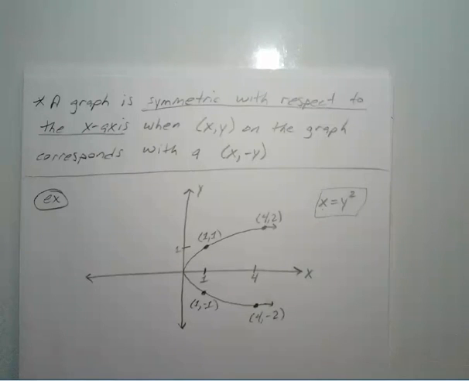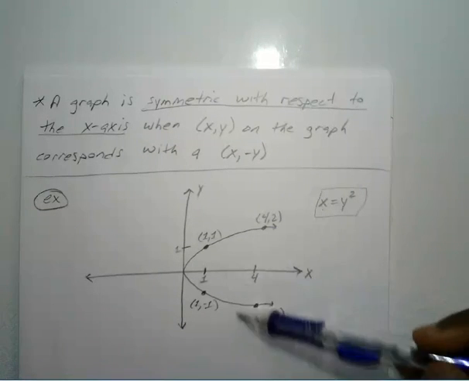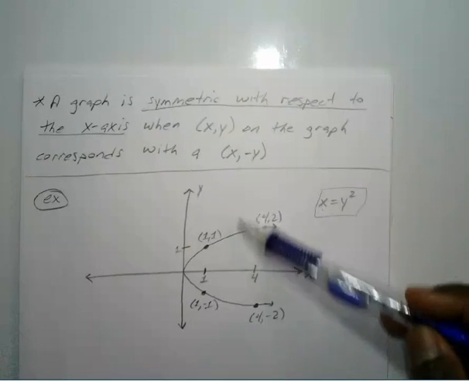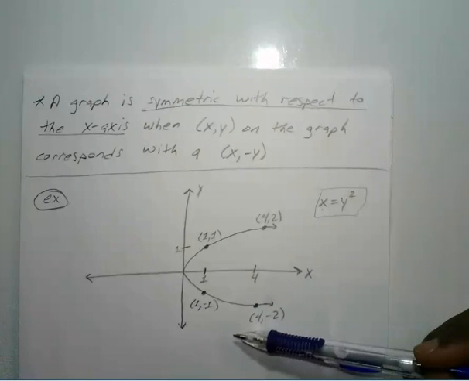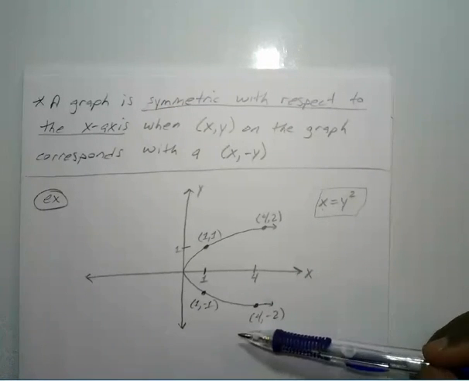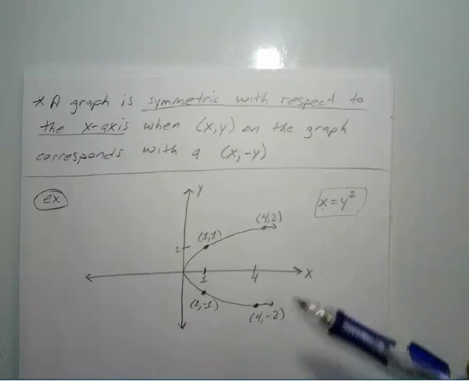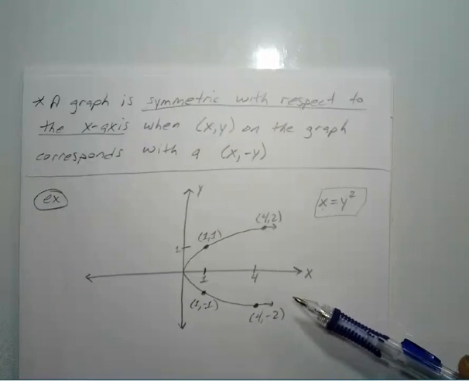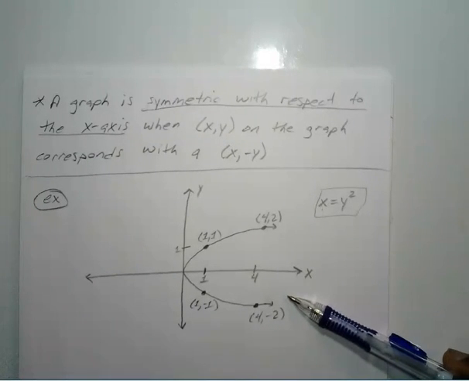Okay. Now, one thing you want to notice, especially when we start talking about the tests for symmetry next, is that it fails the vertical line test. So even though this graph is symmetric with respect to the x-axis, this graph does not represent a function by definition.